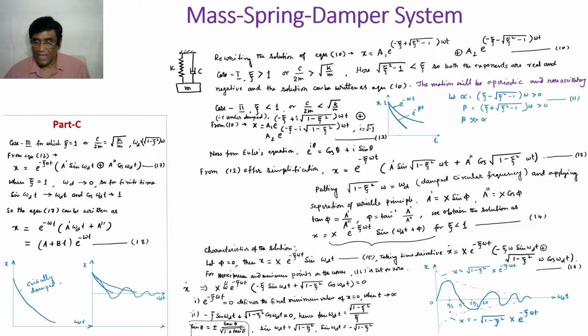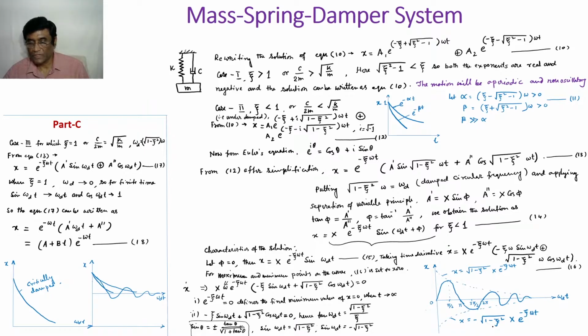And the oscillation will be within the envelope which you have got, plus root over 1 minus zeta square, minus root over 1 minus zeta square. You see, this is the exponent.